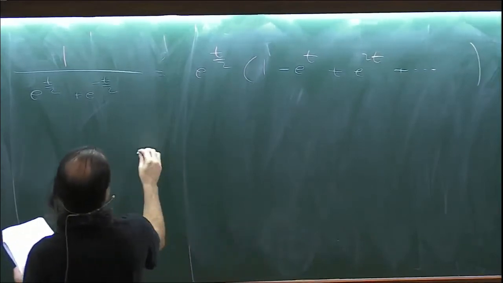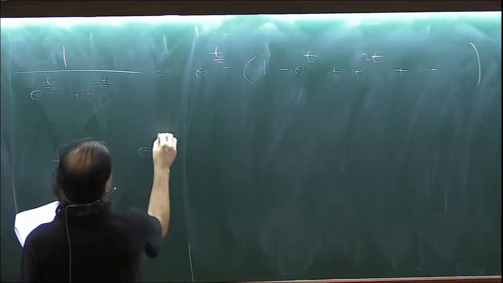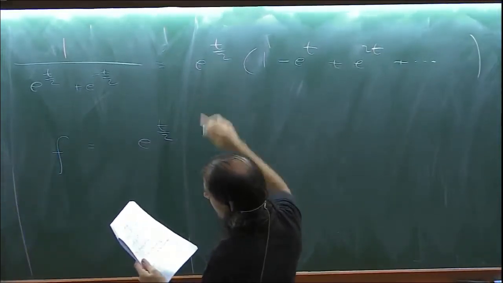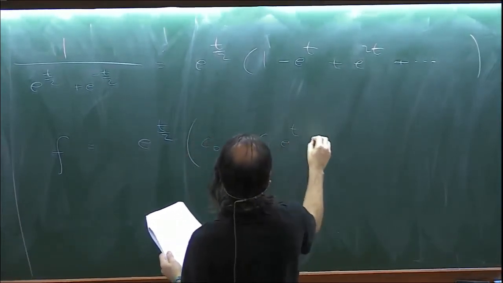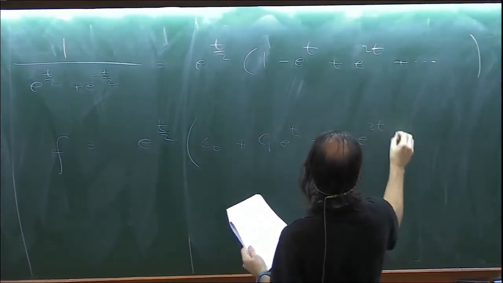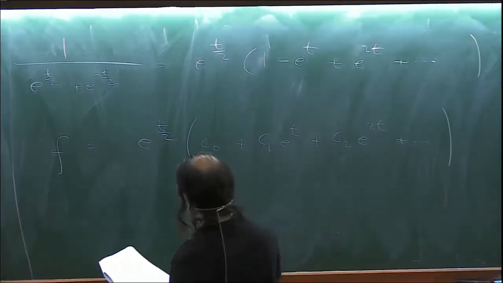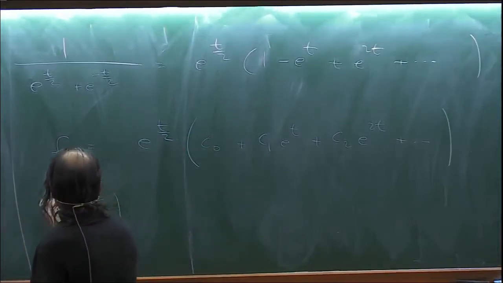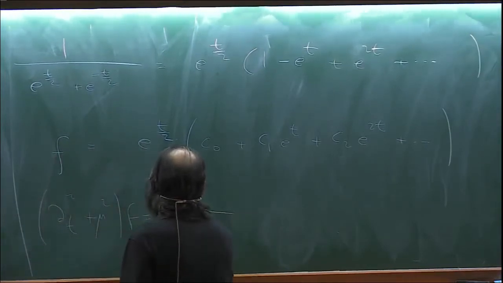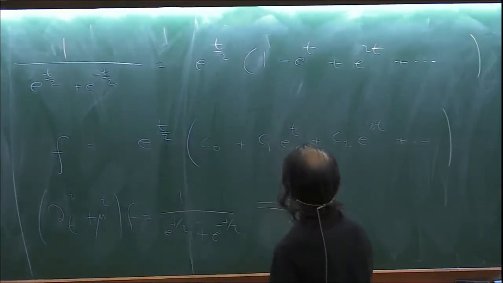And let me expand f itself: f is e to the t halves, so clearly there's going to be e to the t halves, times c0 plus c1 e to the t plus c2 e to the 2t plus dot dot dot. And then the differential equation, dt squared plus mu squared f equals 1 over e to the negative t halves, just tells me an equation for these coefficients.